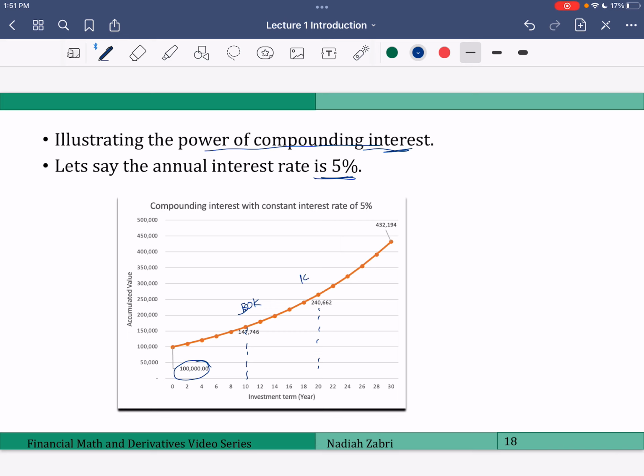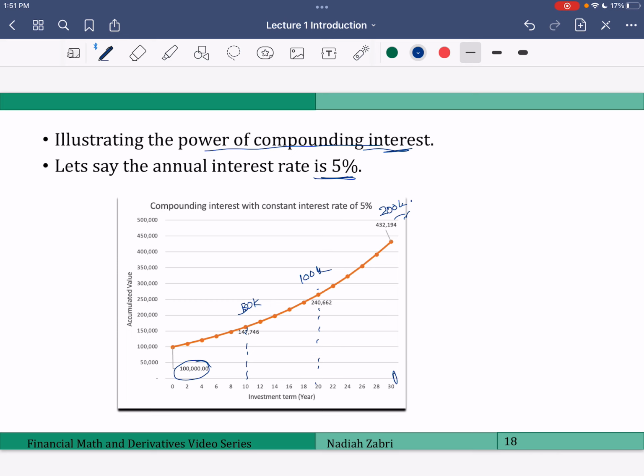And then from 20 to 30, from 240 to almost 440, so almost 200k. So you can see the impact of compounding is really drastic in the long term.